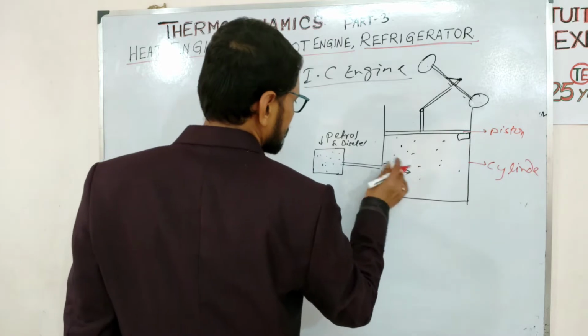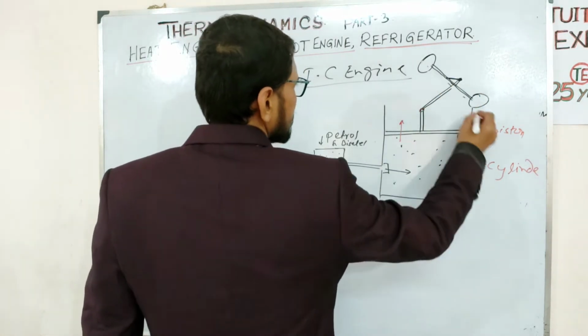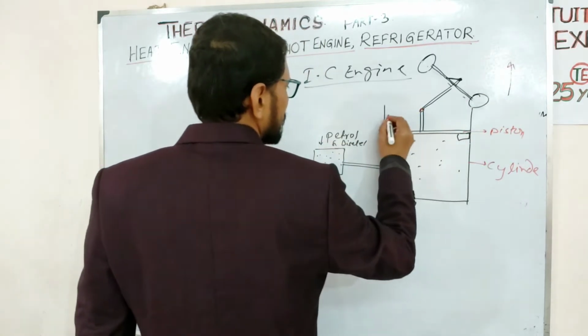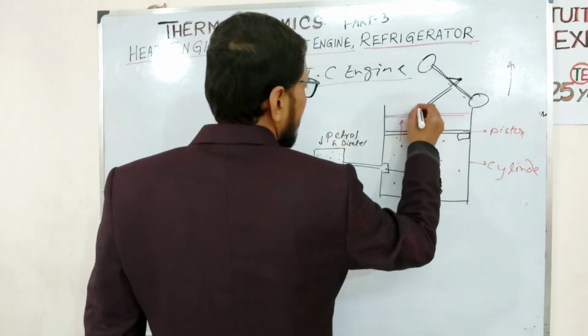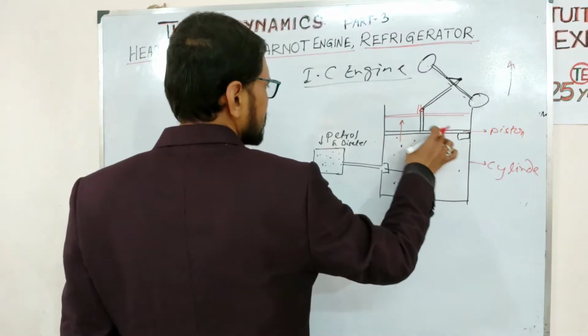When the high pressure gas pushes the piston, it exerts a force, so the piston moves upward. When it reaches a certain height, this valve closes and this valve opens, so the pressure falls.